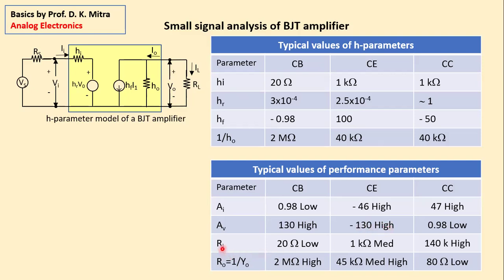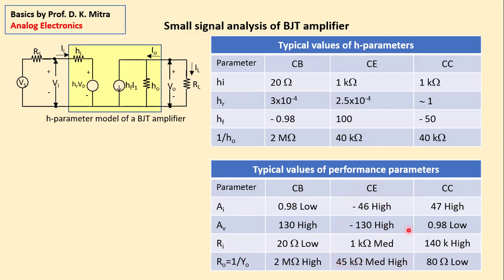And input resistance is 1 kilo ohm. It is medium. Less than 1 kilo ohm, around 500 or 200 ohm, we would call it very good, because we want input resistance of any electronic circuit to be very low. And output conductance is 25 kilo ohm. This is also medium high. It is not at all low, or not very high also, but this is okay.